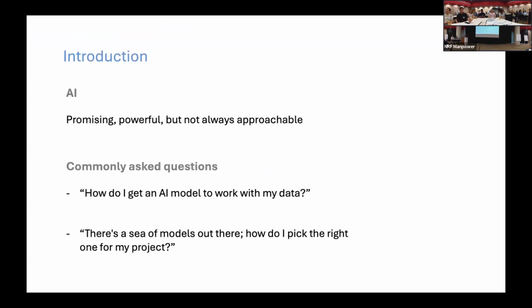So I guess most of us here can agree that AI seems powerful, very promising, but it's not always approachable. If you're an AI practitioner, it's very likely that you have had a colleague, a manager, or students approach you and ask questions like, how do I get an AI model to work with my data?